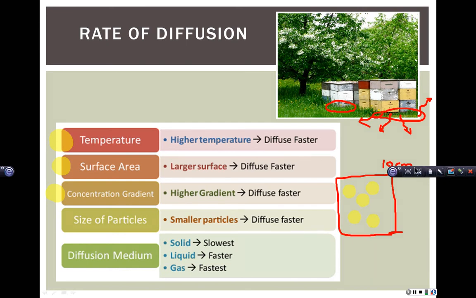Now, in our little 10 centimeter line, this is basically how much room we have, or opportunity, for these molecules to randomly bounce into this membrane and cross over.